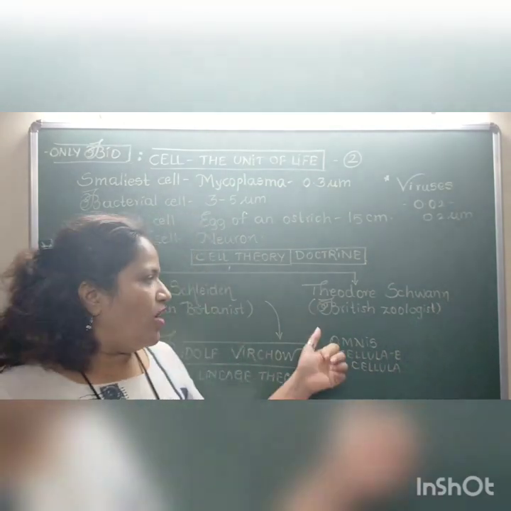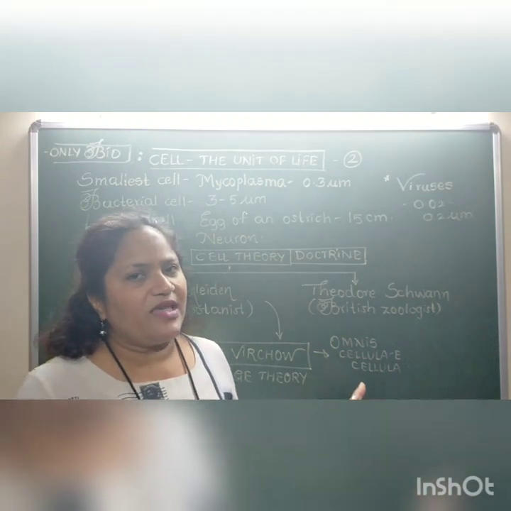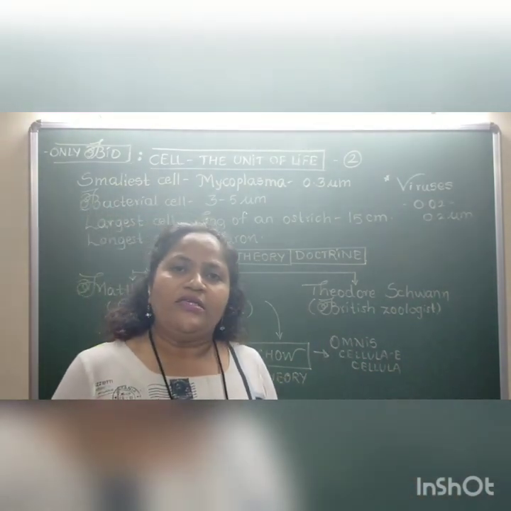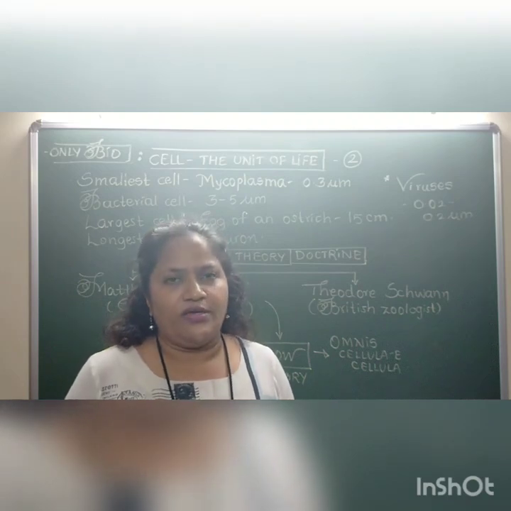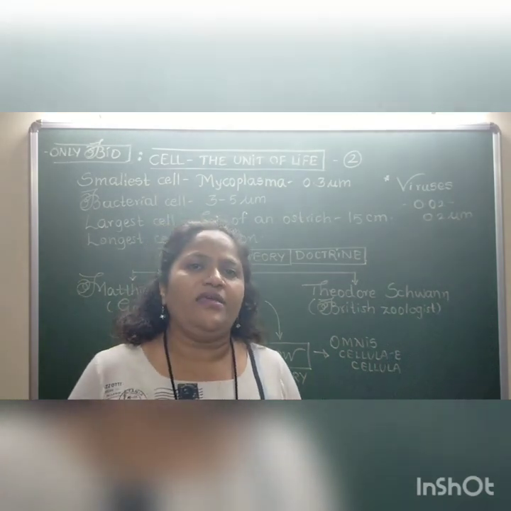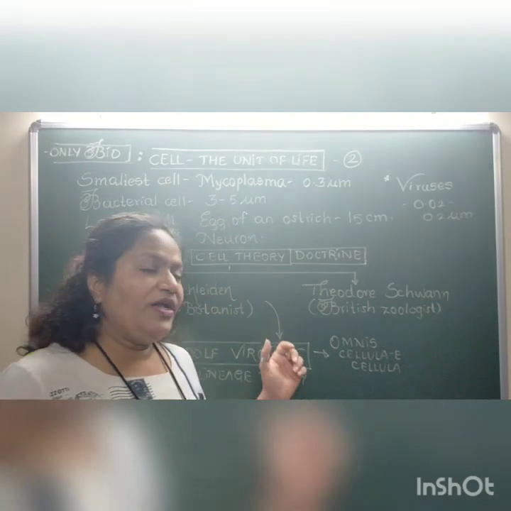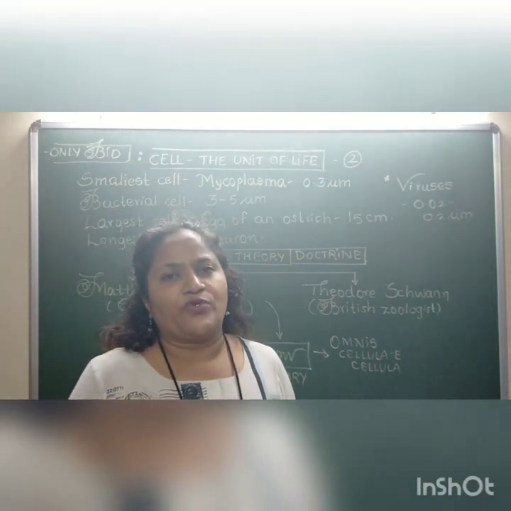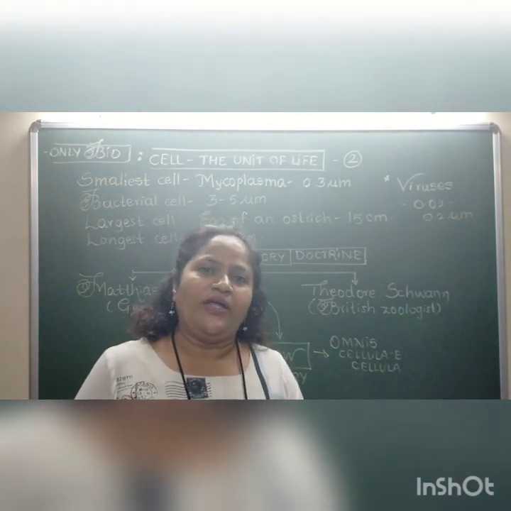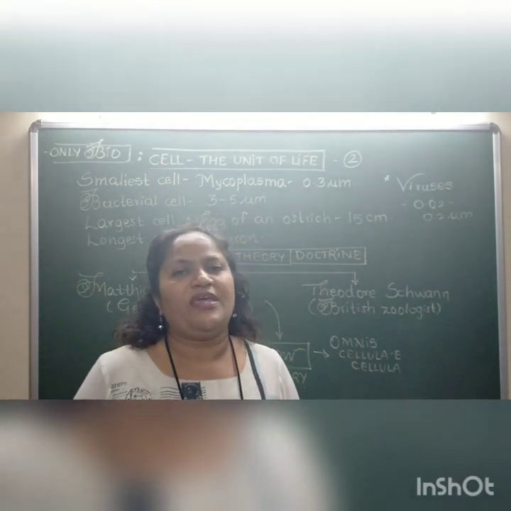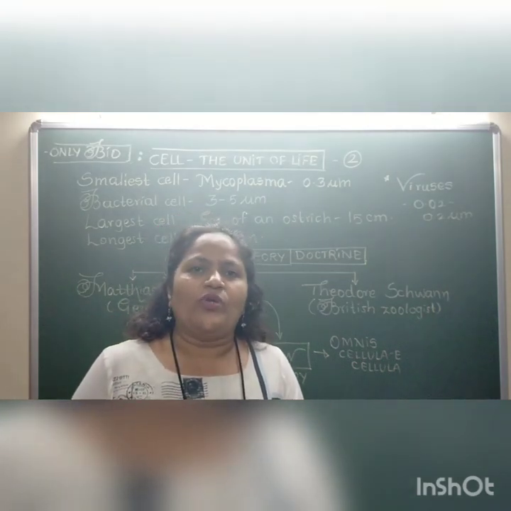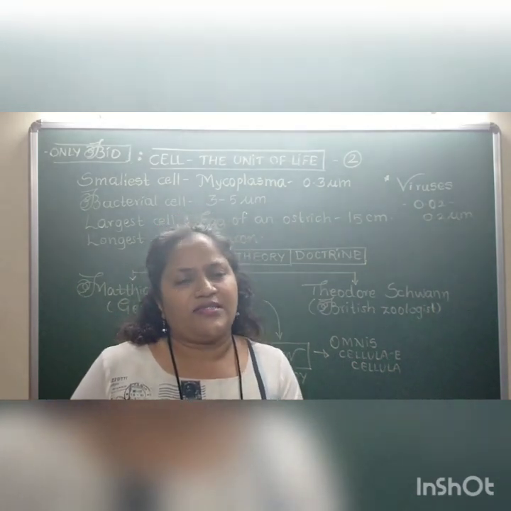I repeat, omnis cellulae cellula, which is also at times called the cell lineage theory. According to this theory, that is what Rudolf Virchow had proposed, a cell can come into life only from a pre-existing cell. I repeat, cells come to life only from a pre-existing cell.